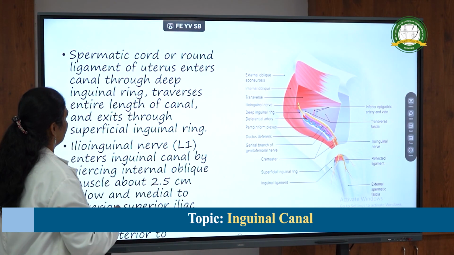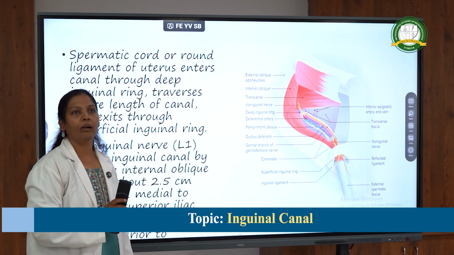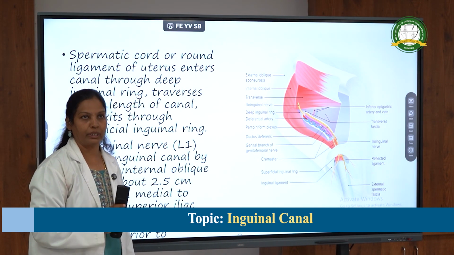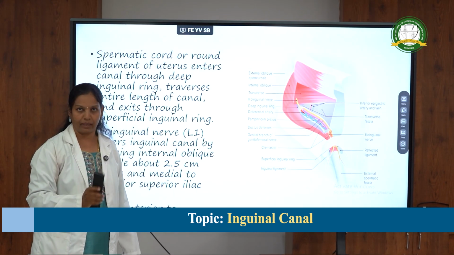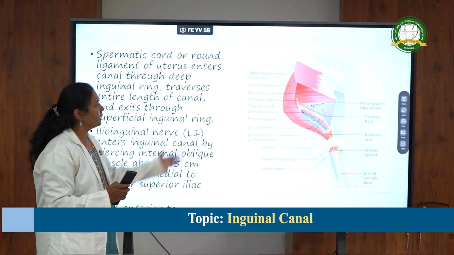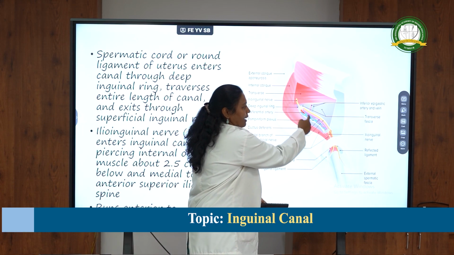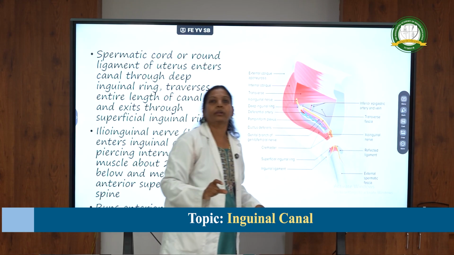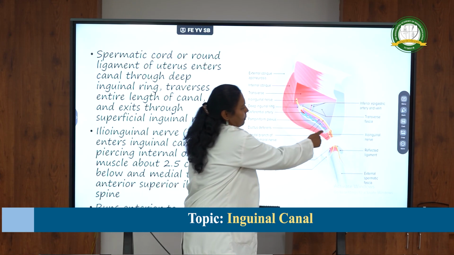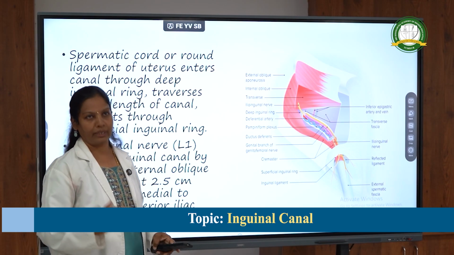One thing to note here is that the spermatic cord and round ligament of uterus are considered the complete contents of the inguinal canal because they enter through the deep inguinal ring, traverse the whole canal, and exit through the superficial inguinal ring.